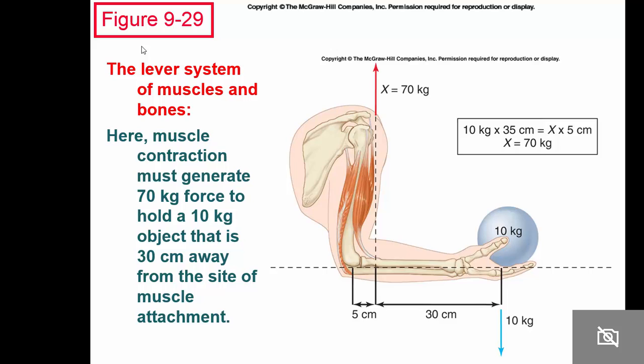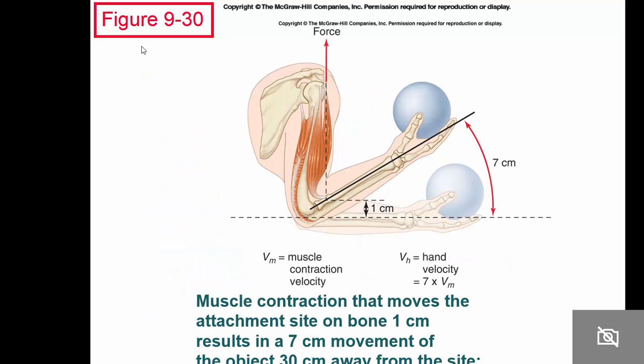In order to lift a 10 kilo, 22-pound ball, you actually here, at this point, have to apply 70 kilograms of force. It's not really efficient, but that's the reality of it. So again, you're not going to have to do this. This just shows you there's a little bit of physics here. Muscle contraction velocity, the hand velocity, just showing you what happens.